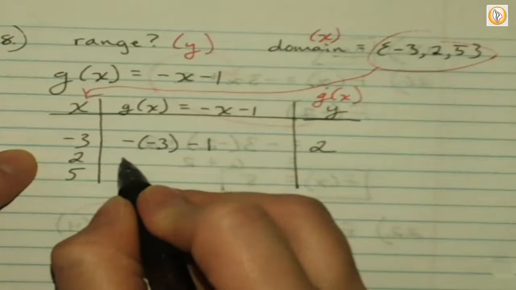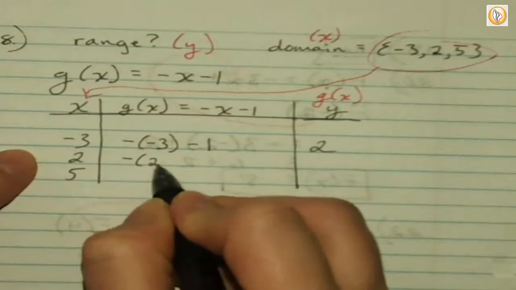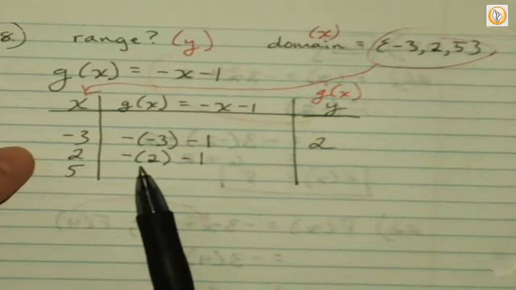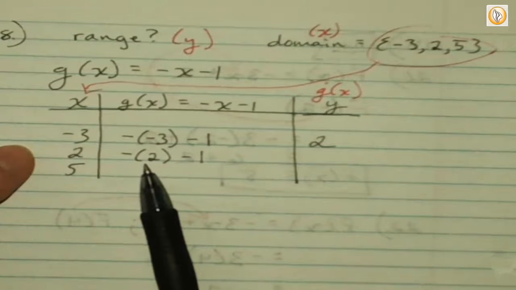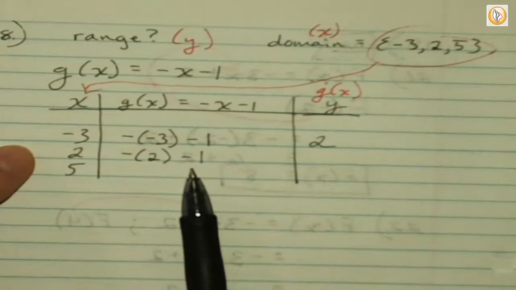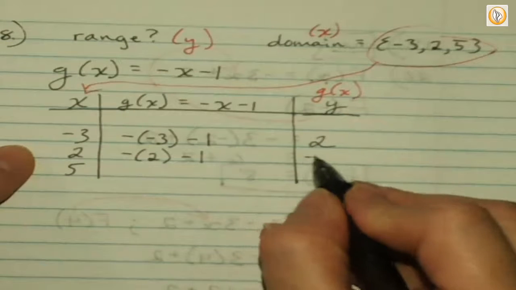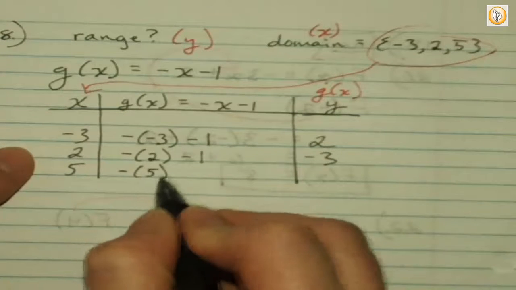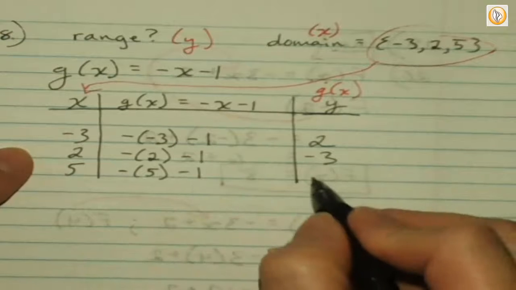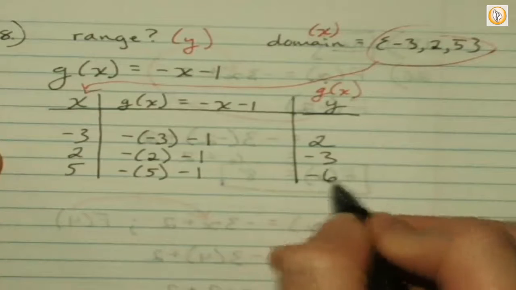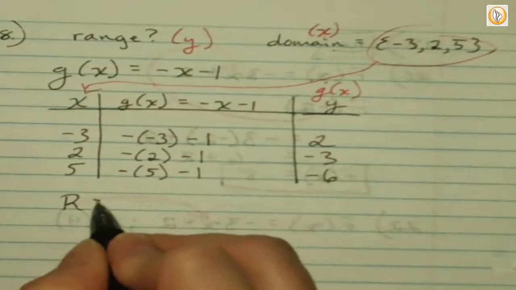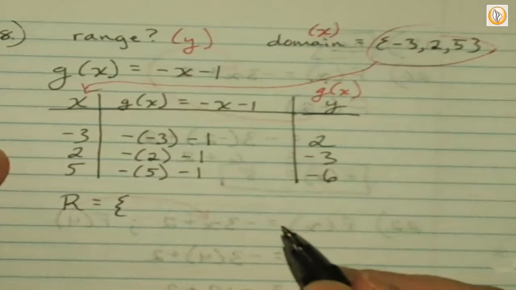So I'm going to substitute my next one. Gabby, this is a negative 2, right? So what's positive 2 minus 1? Very good. And then this is negative 5 minus 1. What'd you get? And then what they want is for it to be written like this. So now you have your answers.